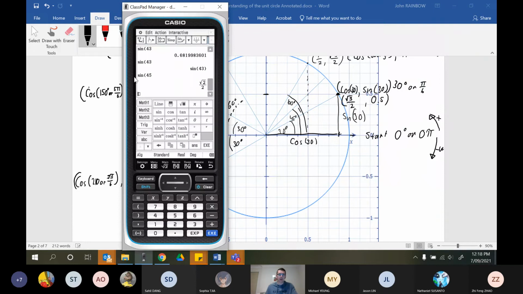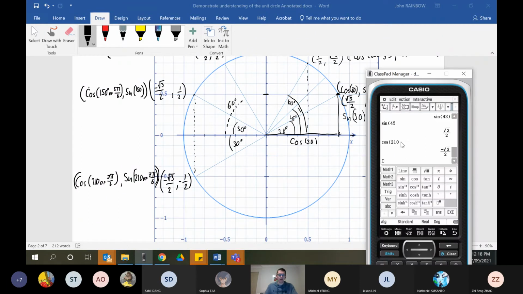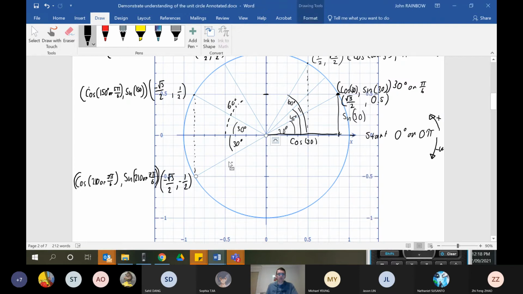So if you actually go to your calculator, and if we put in cos 210, and we want to look at it as a real answer, it's negative root 3 on 2, because it comes from that same triangle. It's the 30-degree triangle, and it's came down. The length of cos is negative root 3 on 2. So sine 210 would be negative a half, because it's gone all the way down and it's actually now negative a half this length.